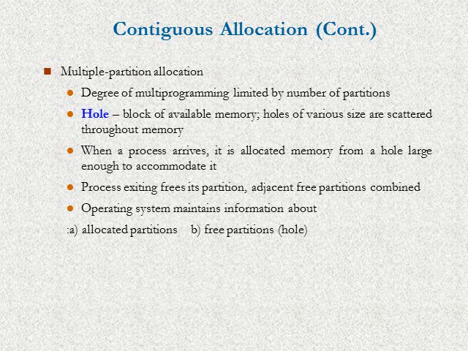When a process arrives in the system, it can be allocated to a hole that can accommodate this process. And once a process completes its execution, it leaves the main memory, and the hole that was earlier occupied by this process is now again available to accommodate other processes.